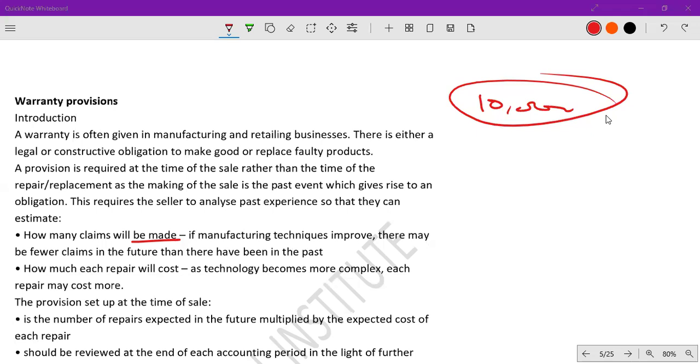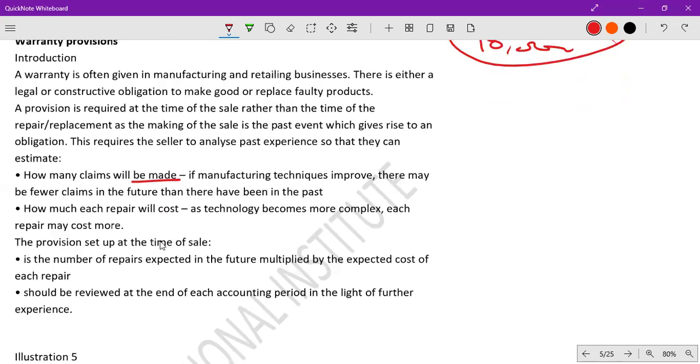Okay. So we said that a provision needs to be set up at the time of the sale. So what will be the expected future repairs? This will be the number of units that is expected to be repaired, multiplied by the costs.